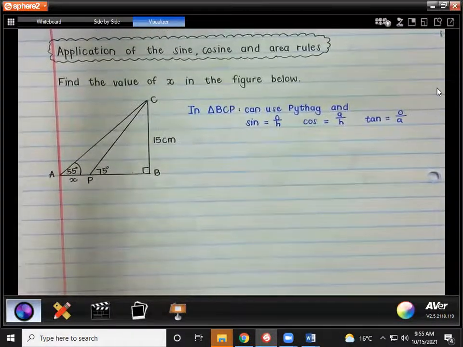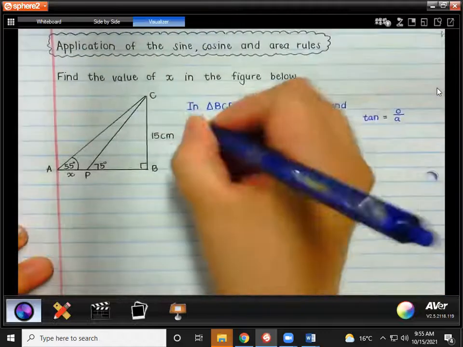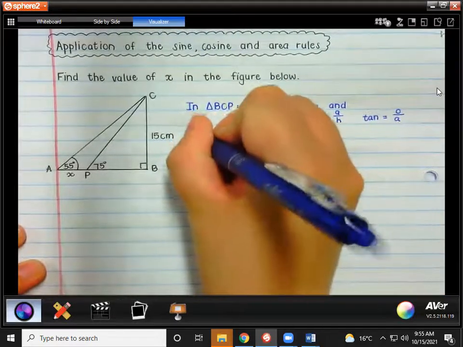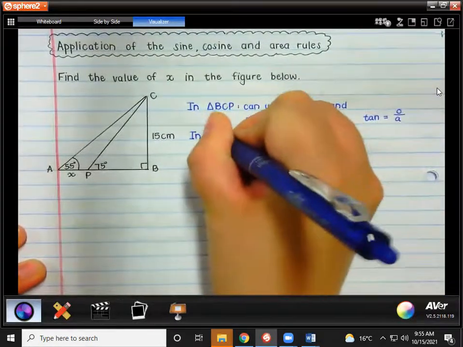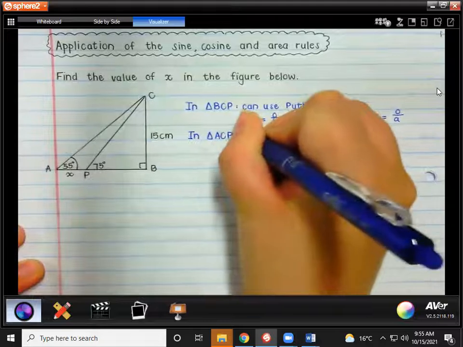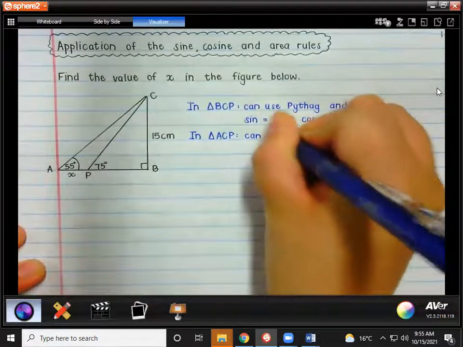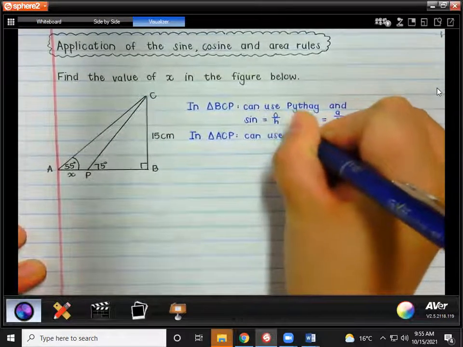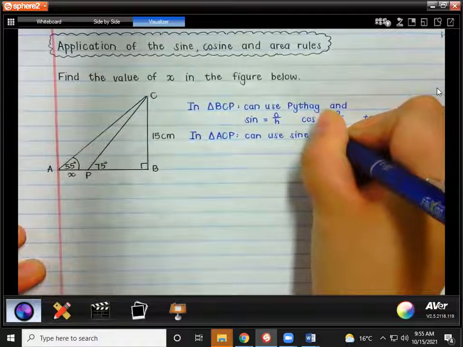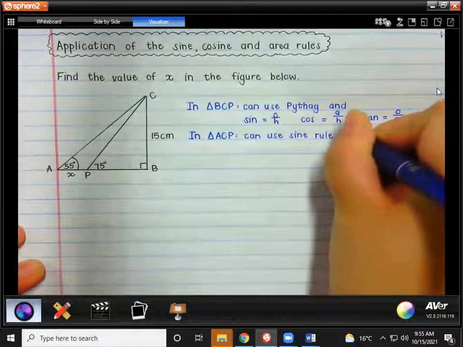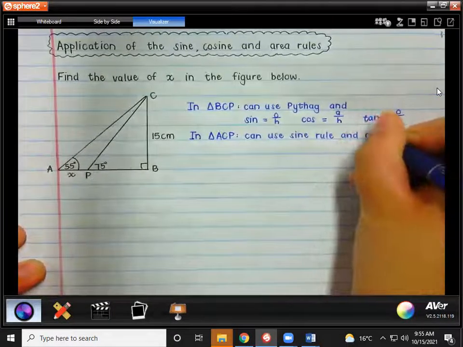They're not asking us that in this case, so we're not going to use that there. But in triangle ACP, we can use sine rule and cos rule.